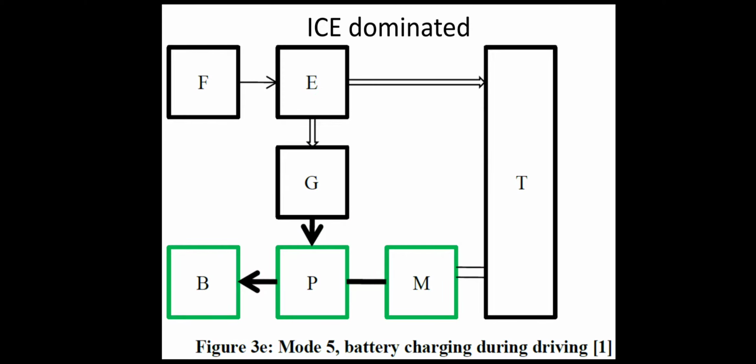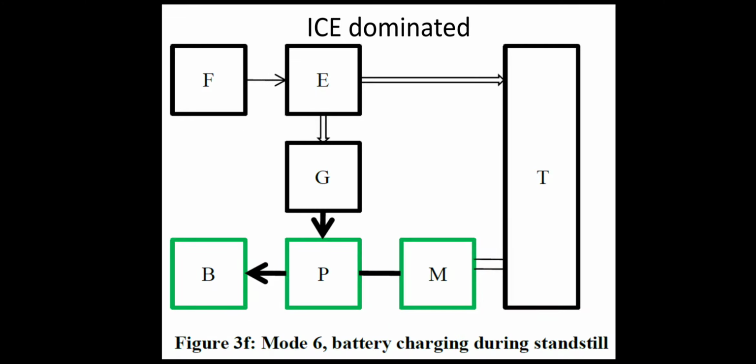The next mode is battery charging while driving the vehicle. To charge the battery during driving, the IC engine delivers the required traction power and also charges the battery through the generator. In this mode, the electric motor acts as a generator. So in that mode, both the traction side as well as the generator give power to charge the battery.